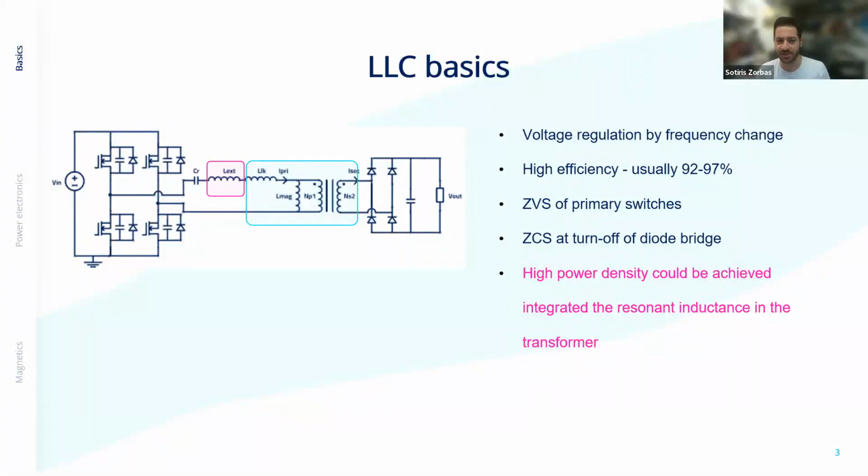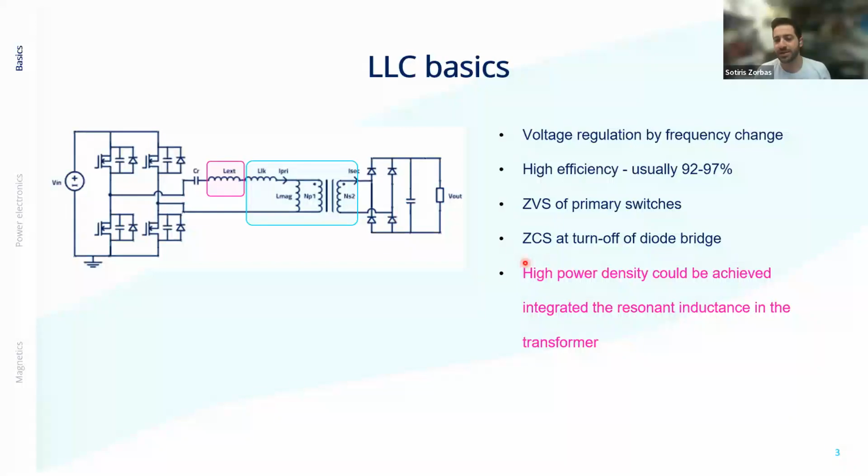Either this is a full bridge, as you can see here, or that might be 2 diodes in a center tap topology or synchronous rectifiers. It doesn't matter. Whilst in the phase shifted topology, the secondary switches or diodes experience hard switching, and thus we can see that the LLC has some advantage at the same power levels.